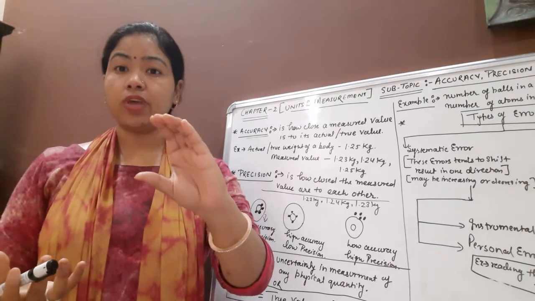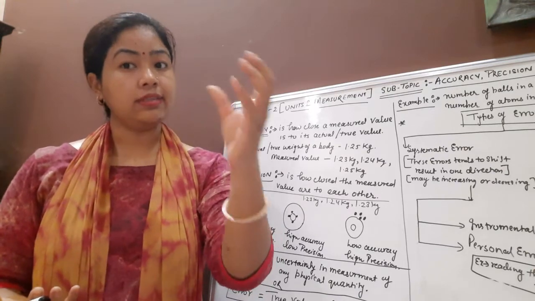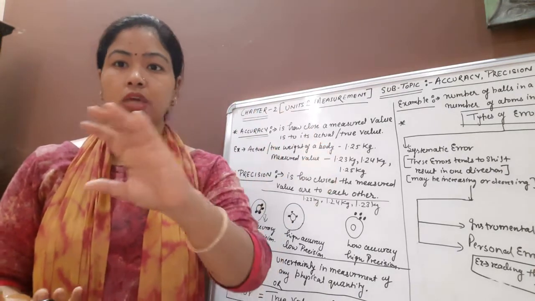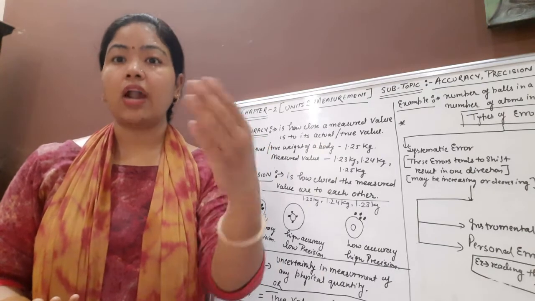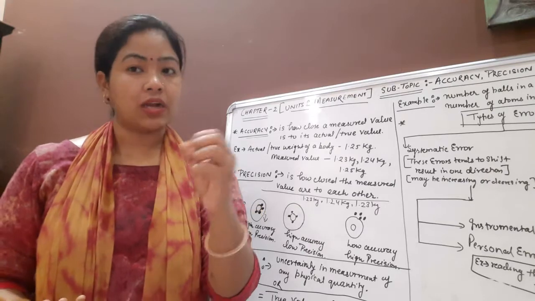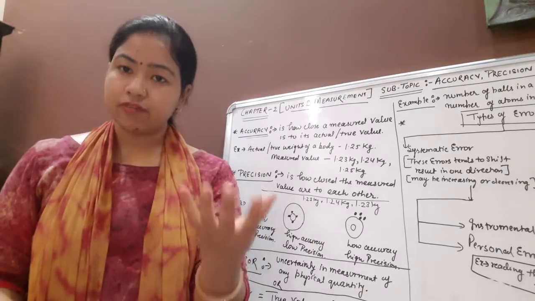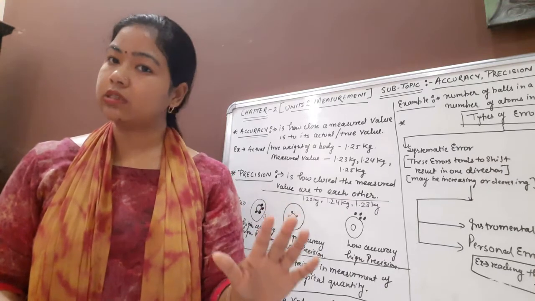Now what is a certain measurement? Whenever we have a very accurate value of that physical quantity, that is a certain measurement. Then there is no doubt in that value. If you have doubt in any measured value, that is uncertain. And if you do not have any doubt in that physical quantity, that is a certain value.